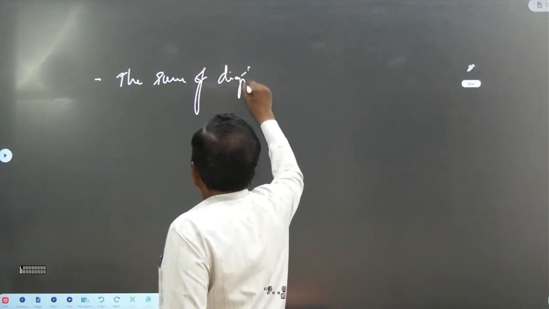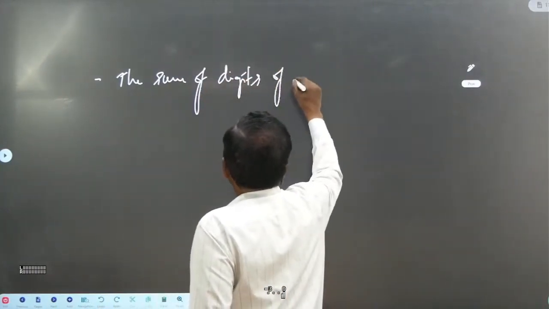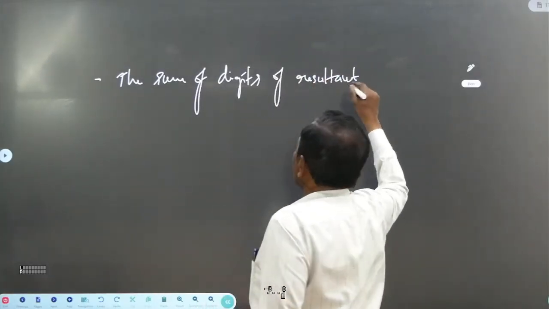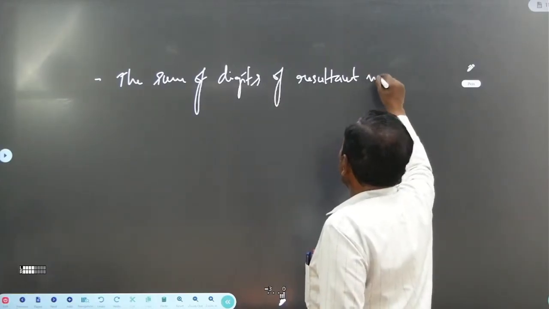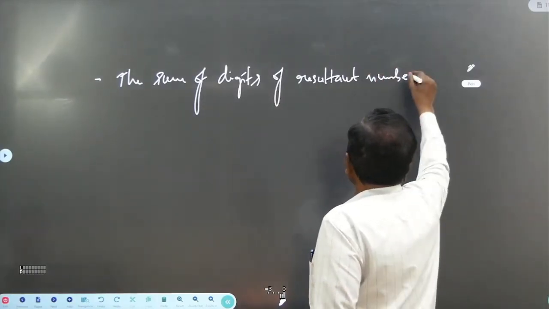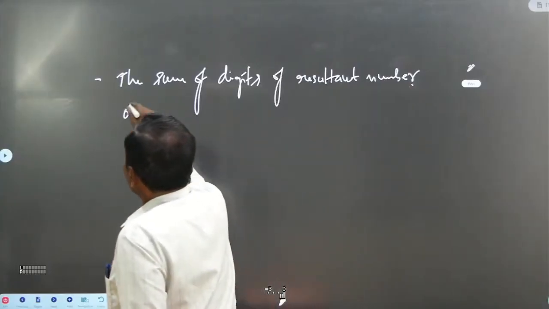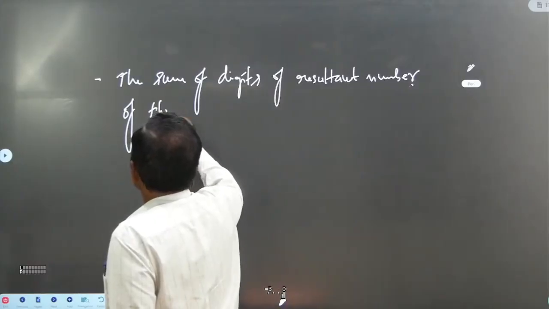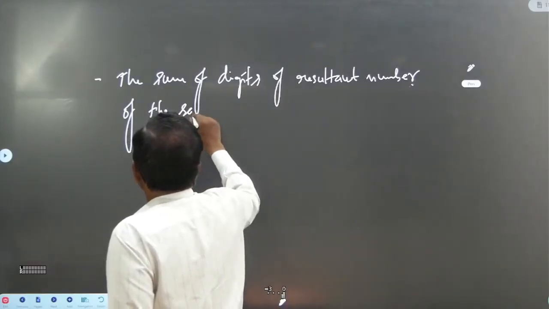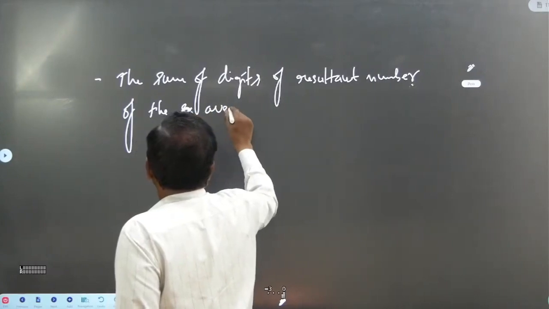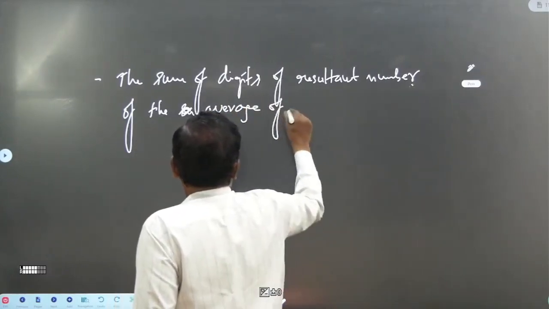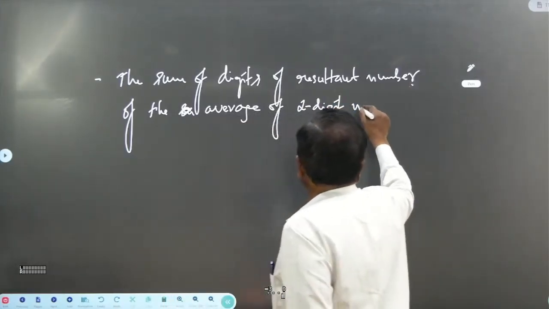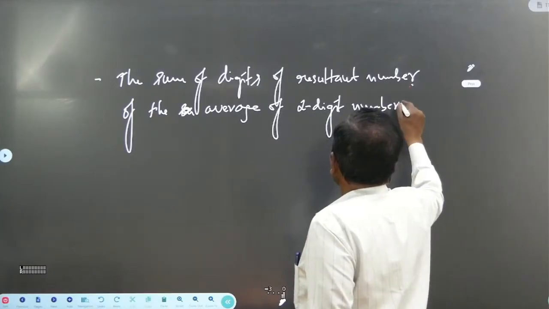The sum of digits of the resultant number of the average of two-digit numbers.